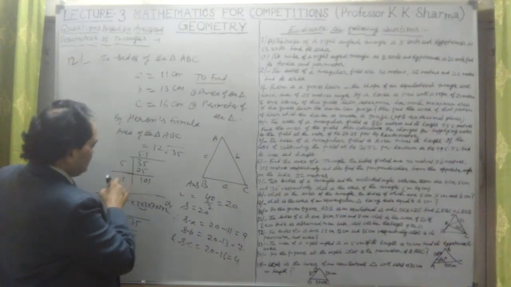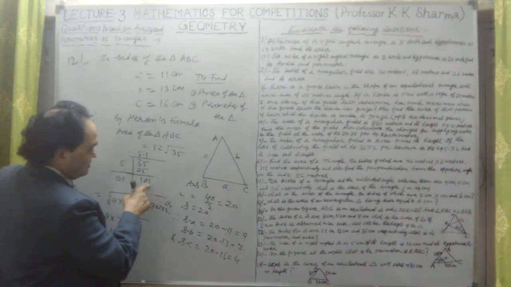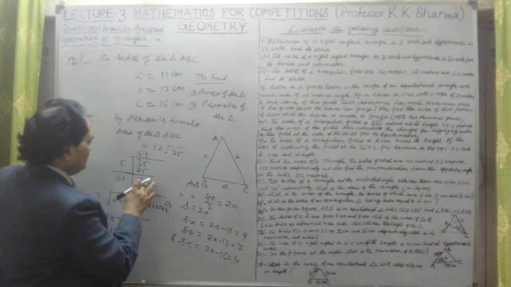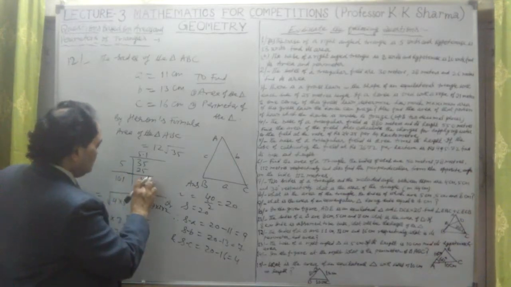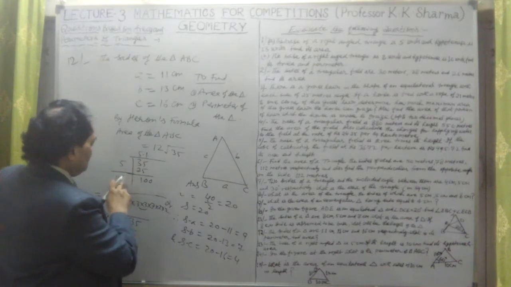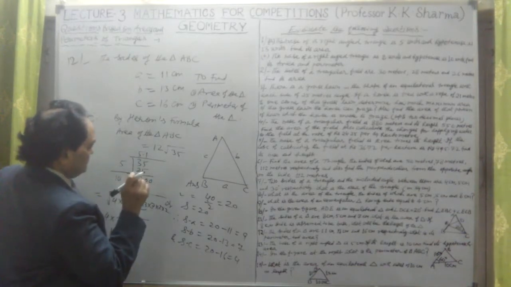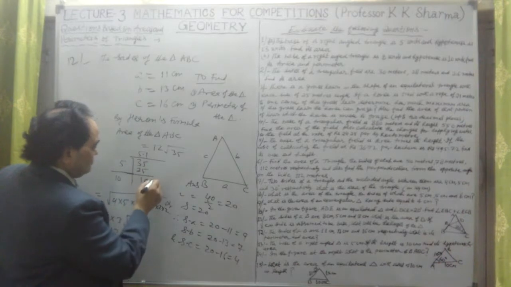After adding 5 plus 5, 10. This is 10 here, we put here 1. Now put 1 here, then we multiply this. Here we have to put some number.